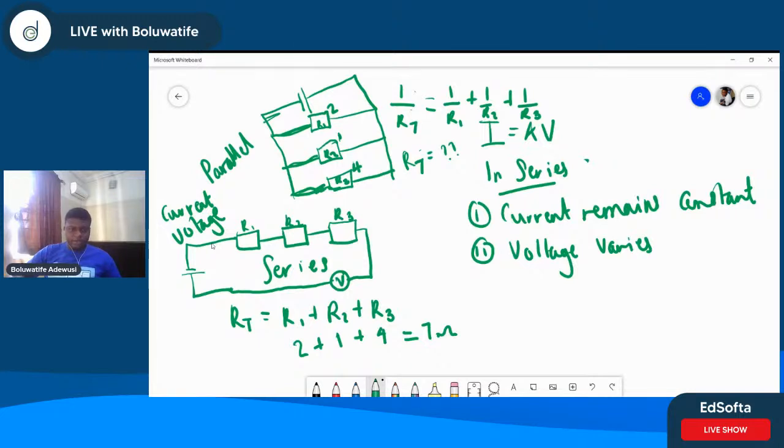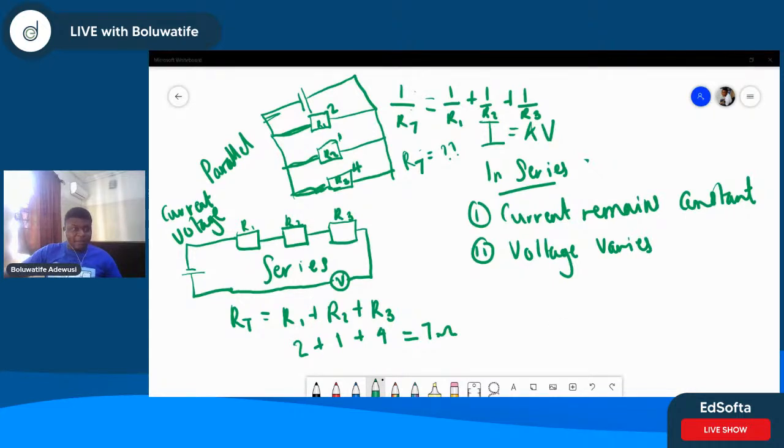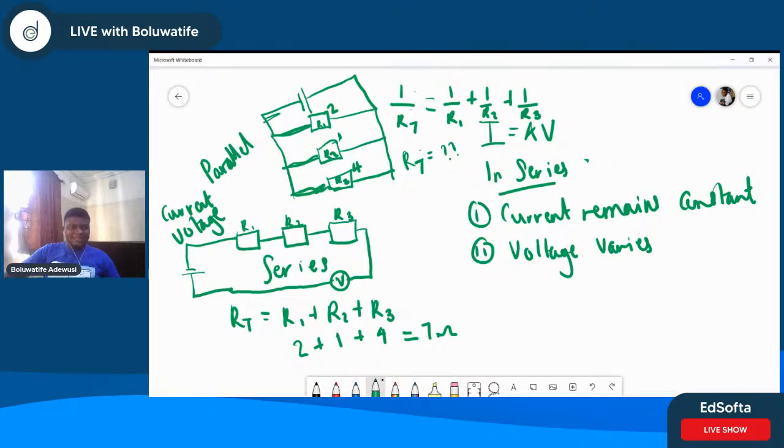Let me be sure that I'm not making a mistake here, because this part actually is a very tricky part. Okay, yes, I'm correct. So voltage across resistors in series varies while current remains constant. And why is that?